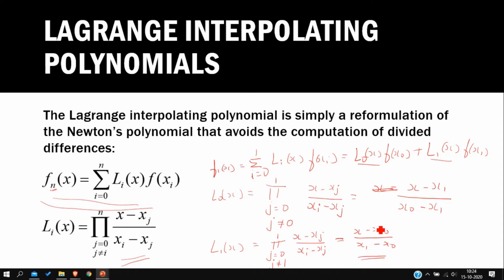So x minus x0 divided by x1 minus x0. That is the value of L1 of x. Now substituting this value of L0 of x as well as L1 of x, we can find this entire polynomial. So this is how the Lagrange interpolating polynomial is calculated.